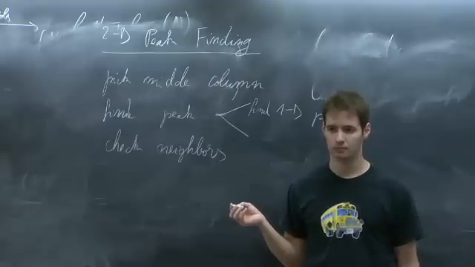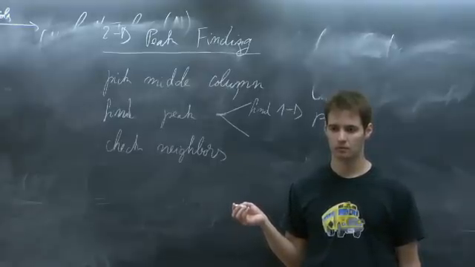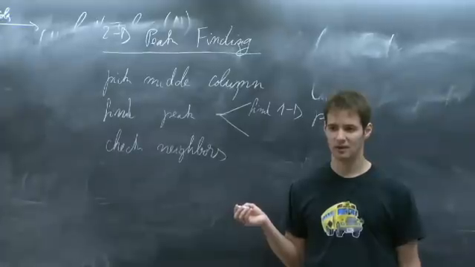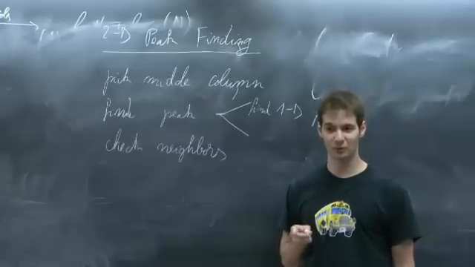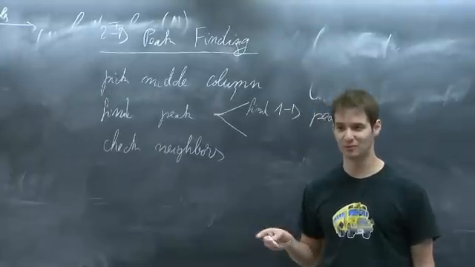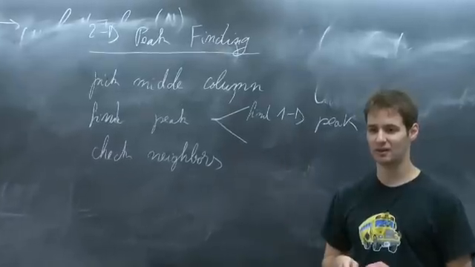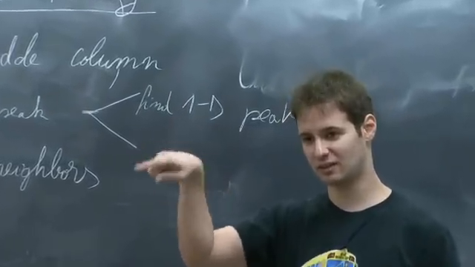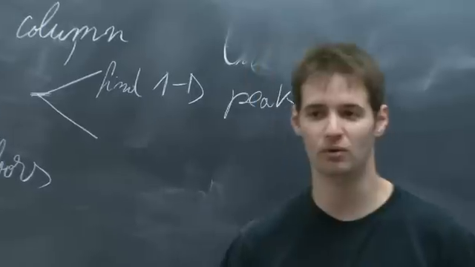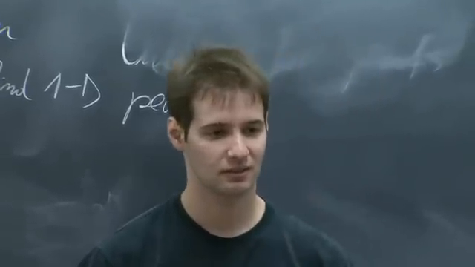Every time we found a neighbor that was bigger, we moved to that spot, checked its neighbors. So this is the first algorithm that's slow. It works. You're going to get the correct answer. But it's slow because if you have some handily crafted matrix, you can go like this, and you're basically going through the whole matrix.